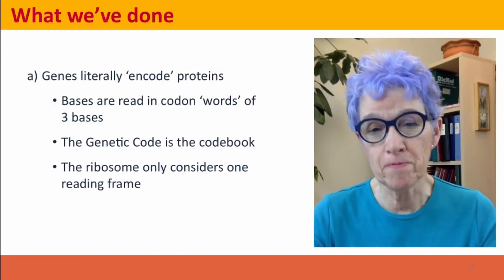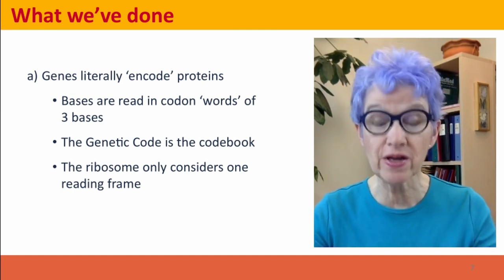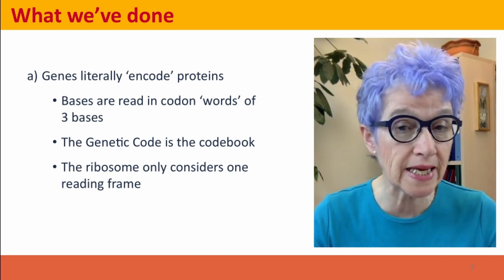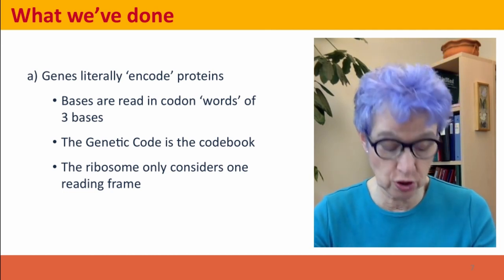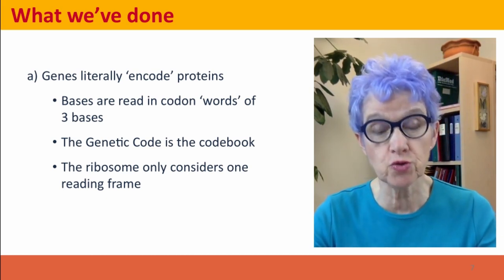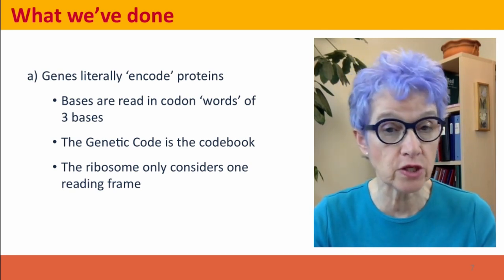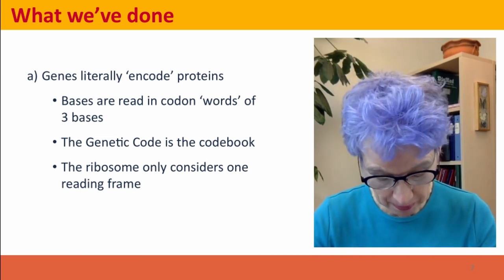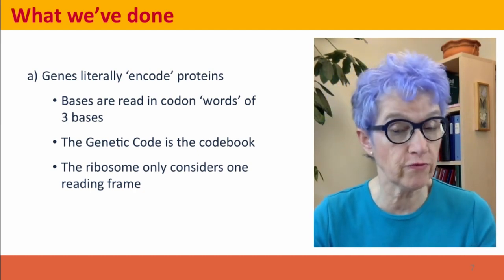So what we've done, we've talked very much in the language of information. We talk about coding, we talk about reading, we talk about translating codons or words. So really, literally, genes do encode proteins, going from one language, the language of nucleotides, to the language of amino acids. And the code is read in words that are groups of 3 bases.